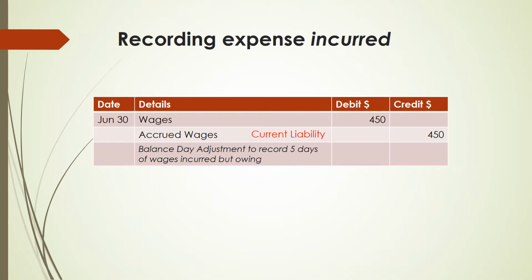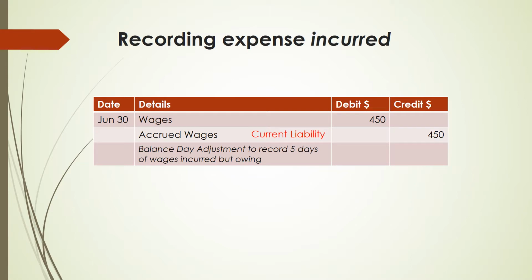So even though we don't expect to pay the employee until a later date, which is on the 9th of July, we still need to record the expense that has been incurred for the period ended 30th of June. So here we debit the wages expense for the amount of $450 and we accrue the wages by crediting the accrued wages account for $450.